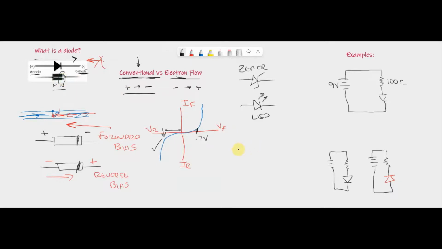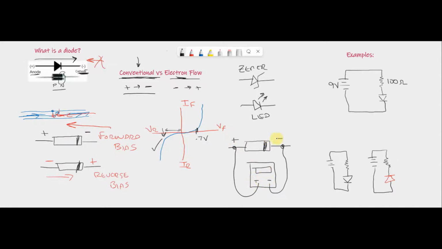Now, what if we want to test a diode? What if we want to see if a diode is good? So this is one thing that we can do. If we take a diode, and let's take our meter, and we have one probe here and one probe here, and this is our plus and this is our minus.